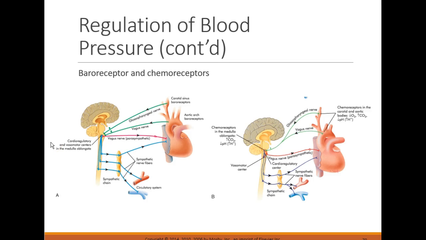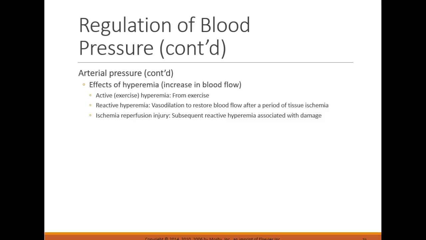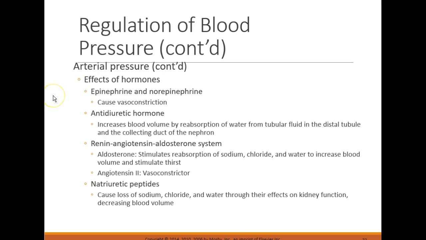So regulating blood pressure. This is talking about those baroreceptors that we mentioned earlier that increase that. Then the hormones that we talked about earlier too: epinephrine, norepinephrine, fight or flight, and antidiuretic hormone, which, as it suggests, decreases the amount of diuresis that occurs in the kidneys.